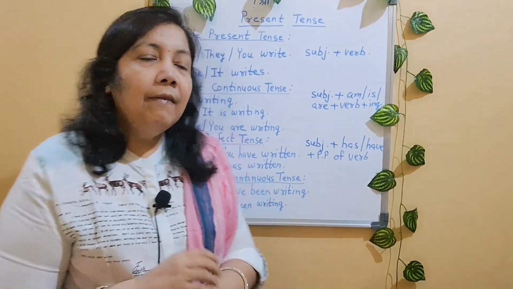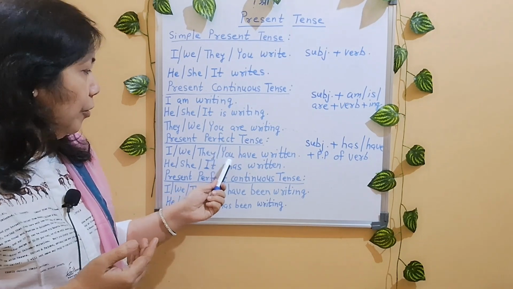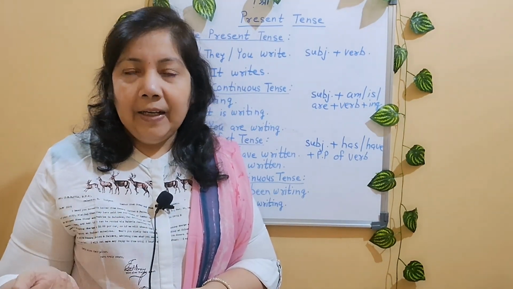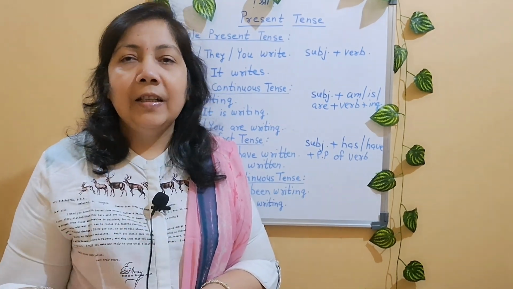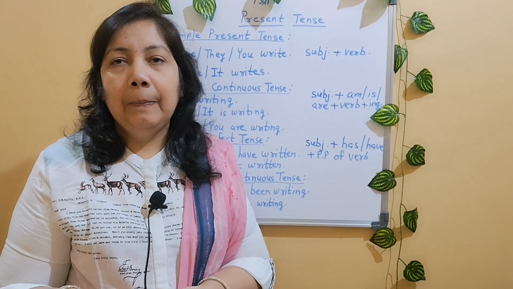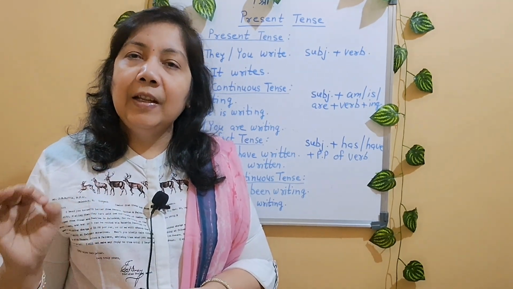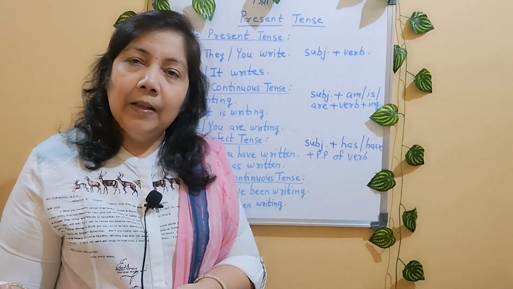Okay. So now the first sentence is I or we or they or you have written. I have written, you have written, they have written, and we have written. When it is any of these pronouns, I, they, we and you, then you have to take have and the PP is written.